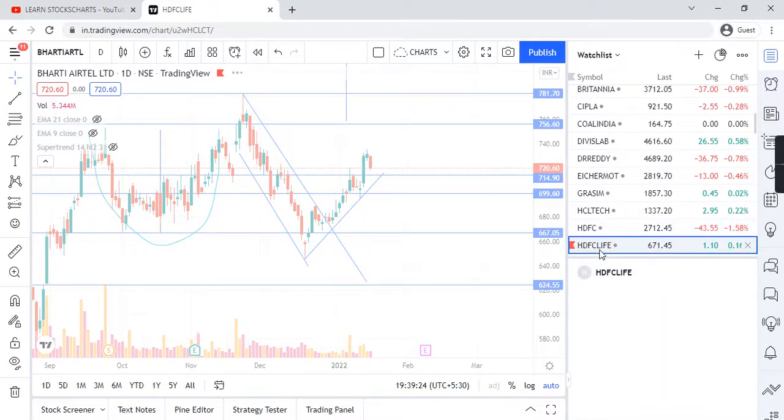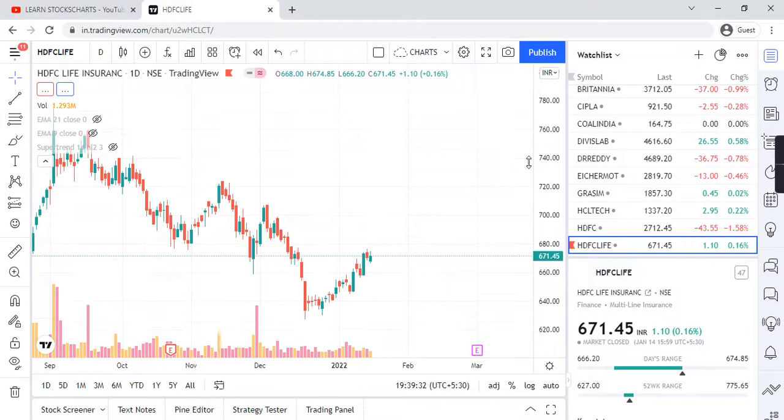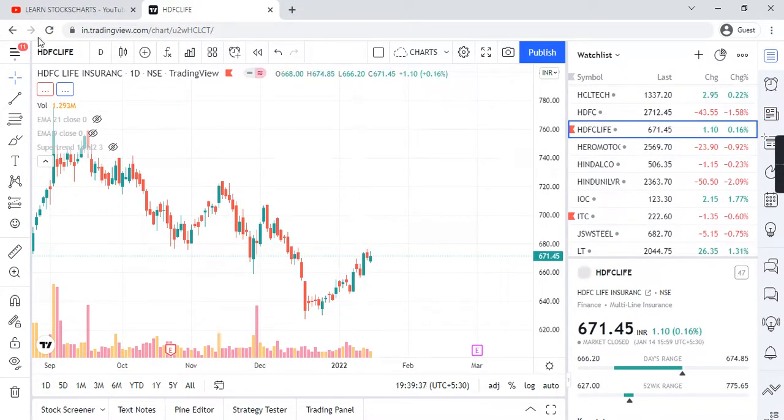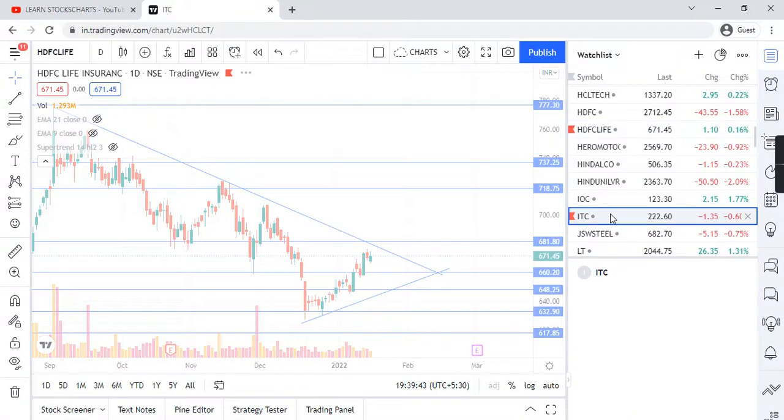HDFC Life. See guys, HDFC Life is also in this pattern, symmetrical triangle. ITC.